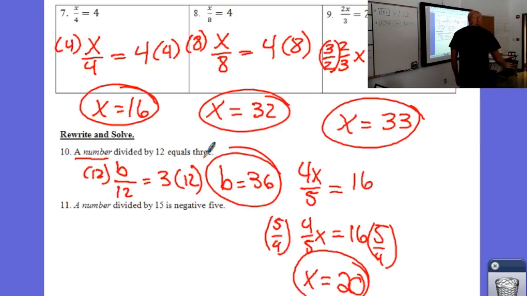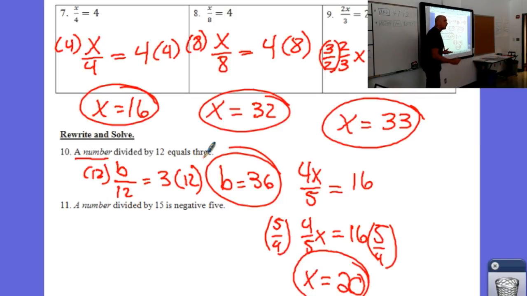Am I going too fast? Okay. Sometimes I get excited. Okay? So here we go. Again, we have a number, A. A divided by 15 equals negative 5.